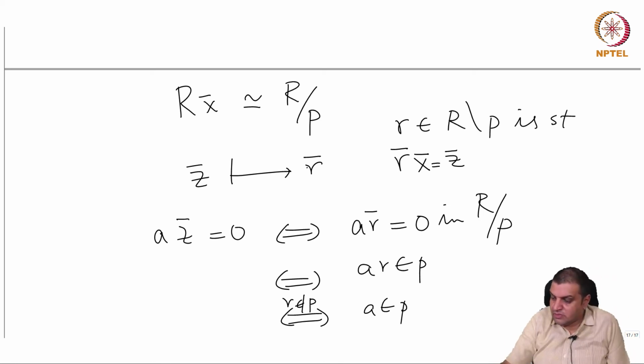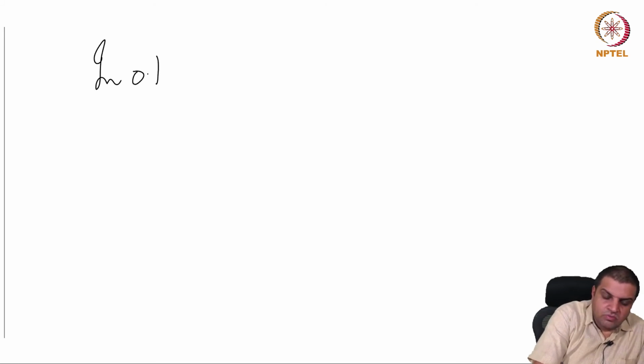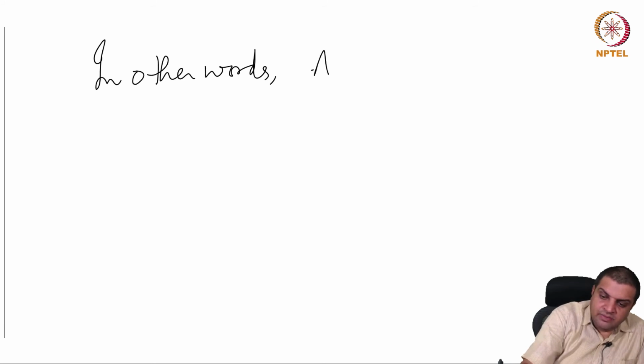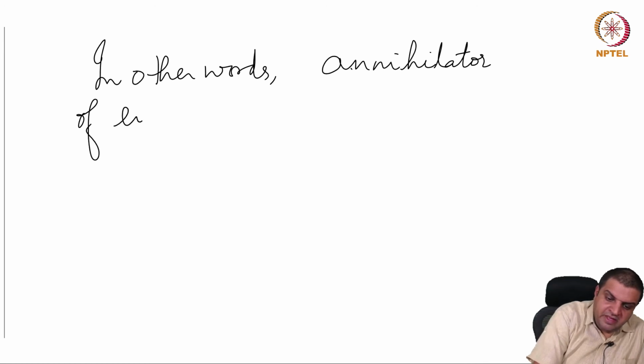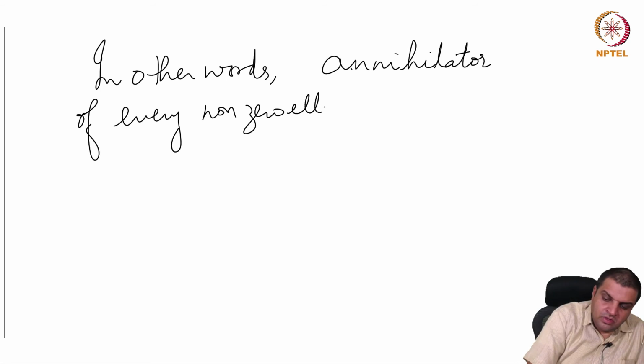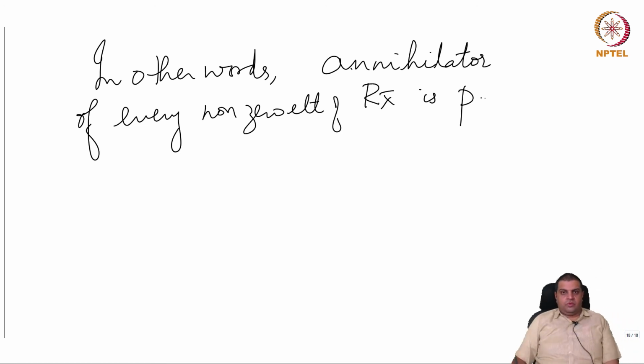So, in other words, the annihilator of every non-zero element of R x bar is P. Okay.